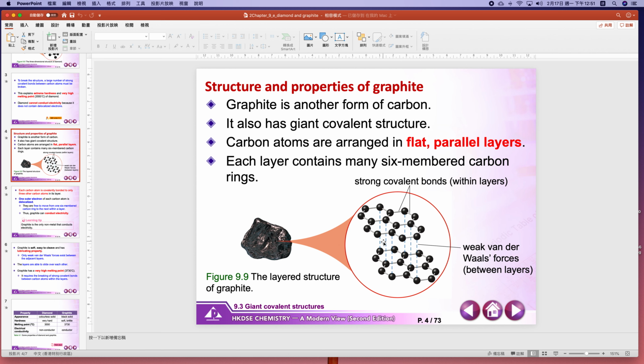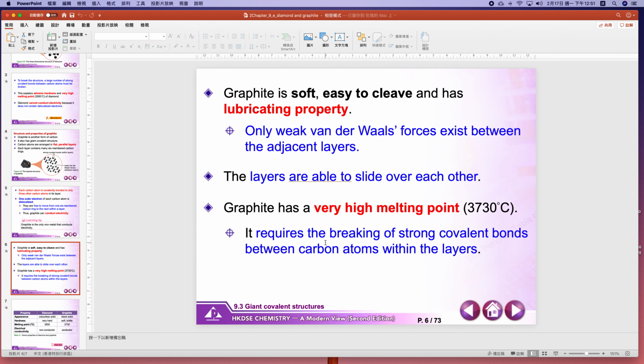If we want to change graphite from solid to liquid, that means we have to break so many strong covalent bonds, and that's why this requires a large amount of heat energy, and that's why graphite has a very high melting point.